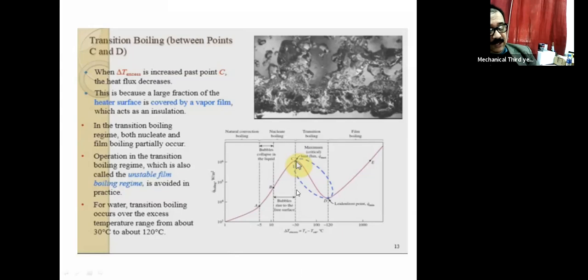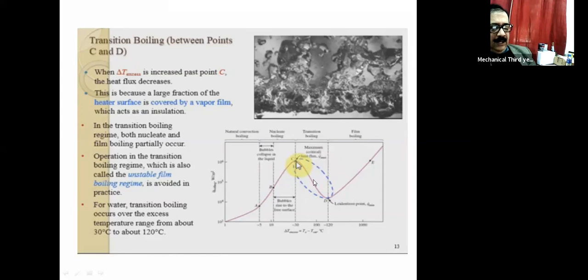And we can see here it starts decreasing now. This is because a large fraction of the heating surface is covered by vapor phase, because the vapor has already been generated.